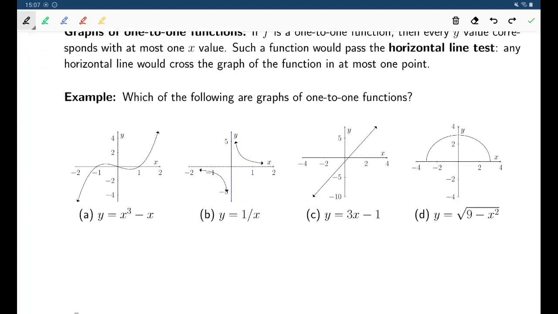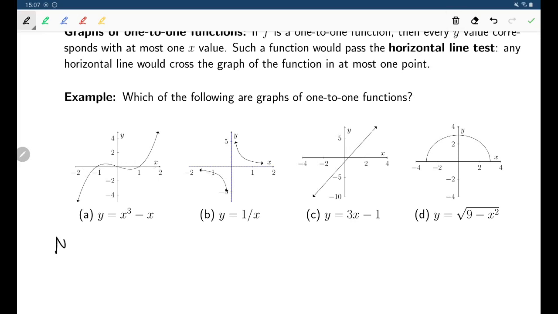So looking at the first one, y equals x cubed minus x, you can see that this will fail the horizontal line test right away. If I draw a horizontal line through the x-axis, you can see that there's not just one place that we cross through, there are three places that we cross through.